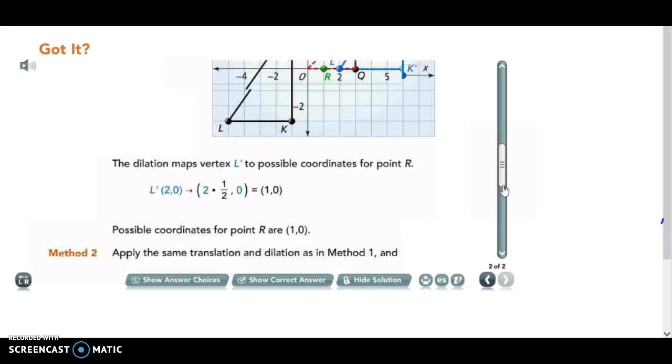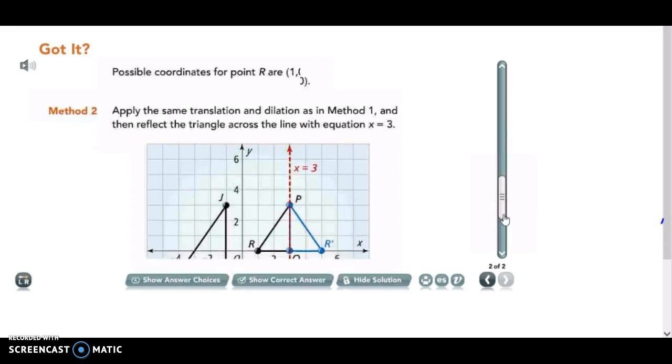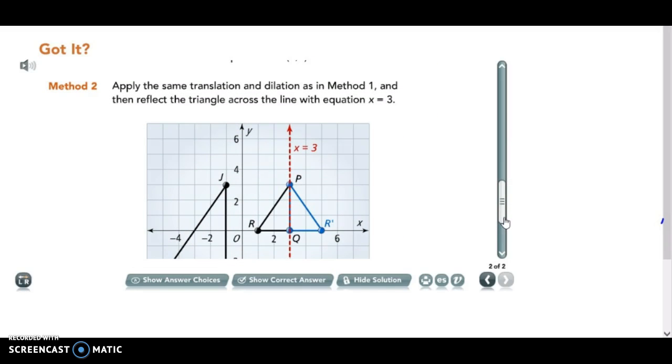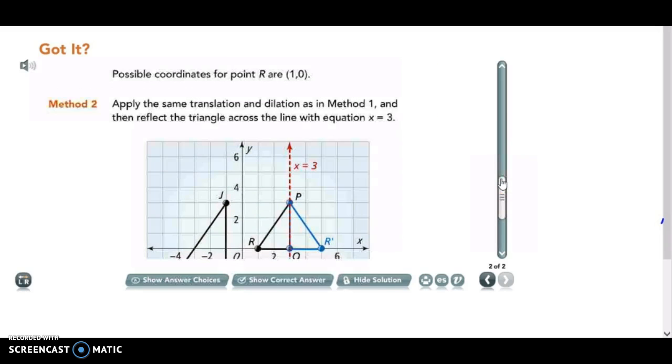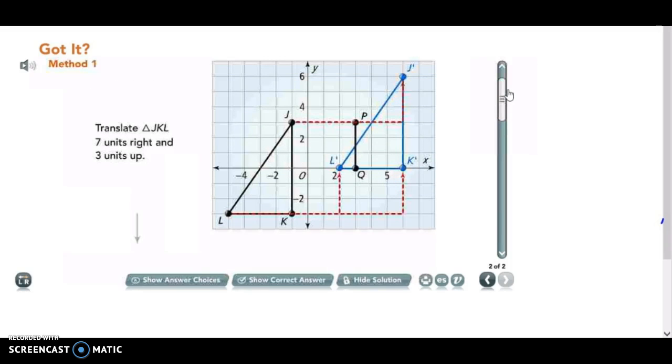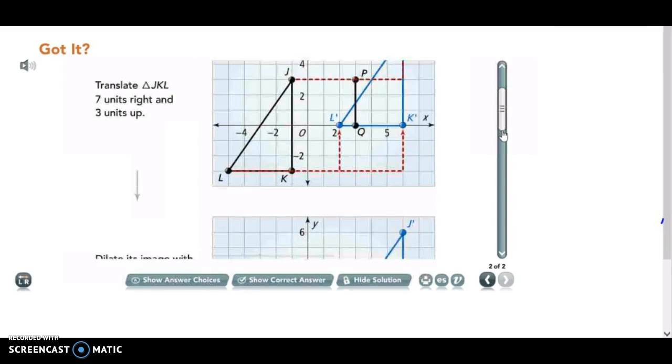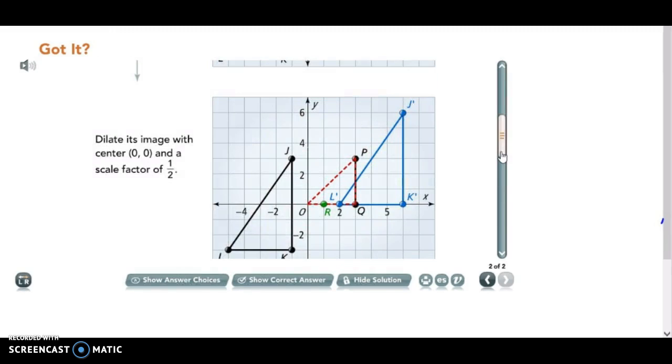Okay, for method 2, we're going to apply the same translation and dilation as before, which means that we're going to do exactly the same thing. We're going to go ahead and translate it 7 units to the right and 3 units up. Then we're going to take our scale factor down to 1/2.